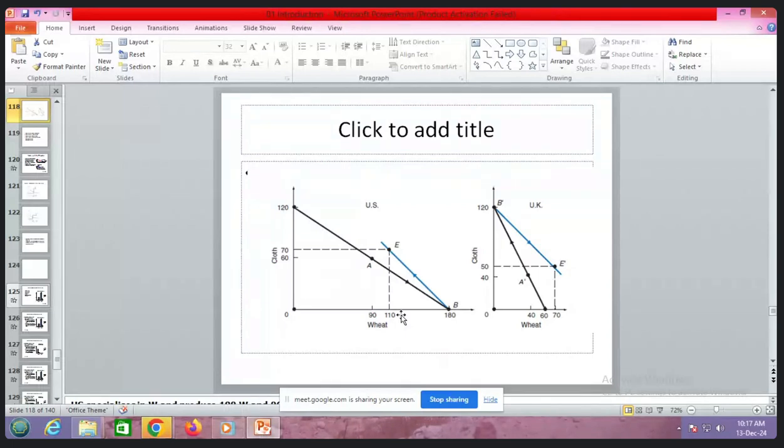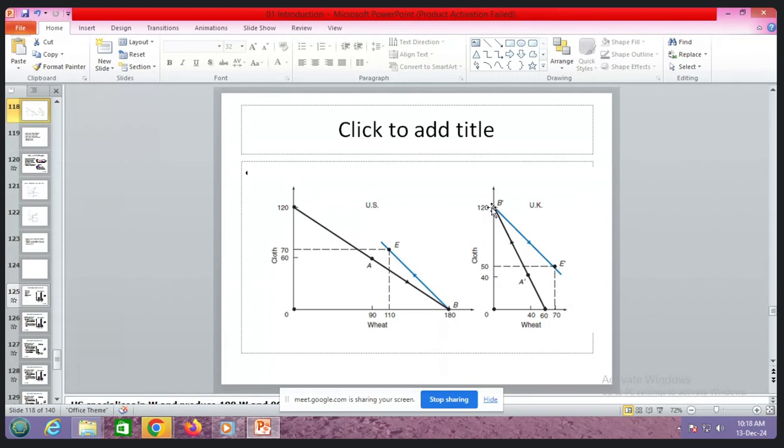Is that clear? So this is called gains from trade, because as long as it is not trading, it can reach maximum point A, but after trading, it can reach point E, which is beyond its production possibility frontier. Similarly, for UK, the maximum it was able to reach without trade was 40-40 at point A prime. But now it is producing 120 cloth.